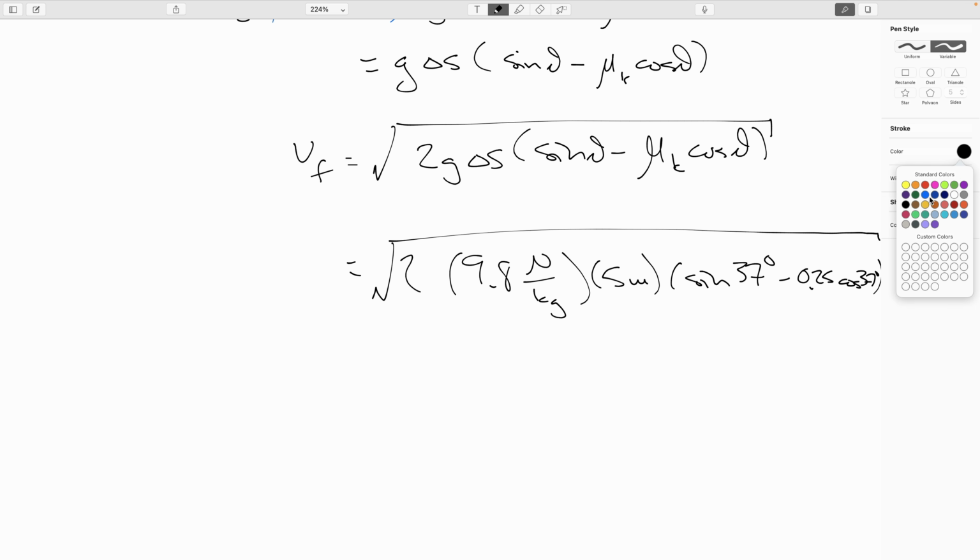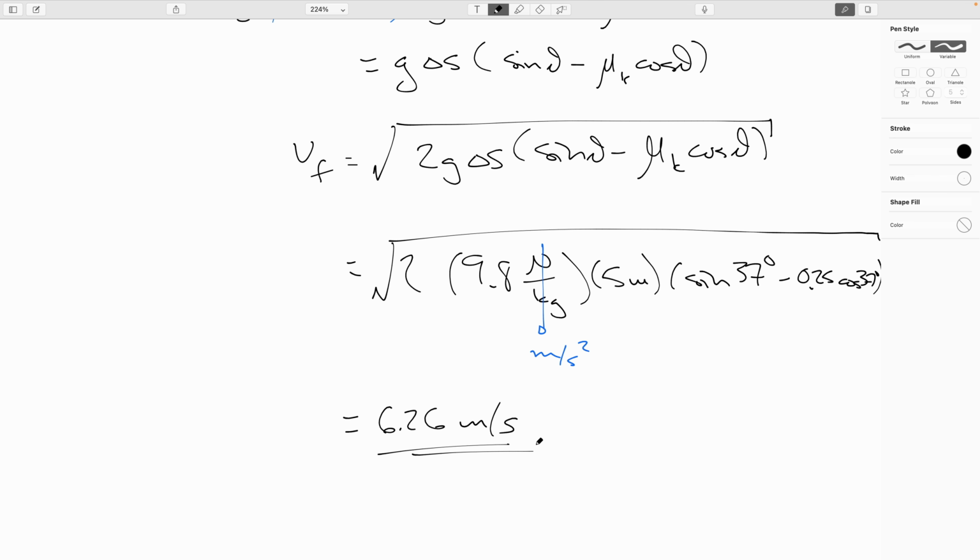All right, so as usual, we'll note that that's dimensionally the same thing as meters per second squared. So meters per second squared times meters gives me meters squared over second squared. Take the square root gives me meters per second. It all works out. And I get 6.26 meters per second, which is what we got when we did this before, but it was still definitely easier.